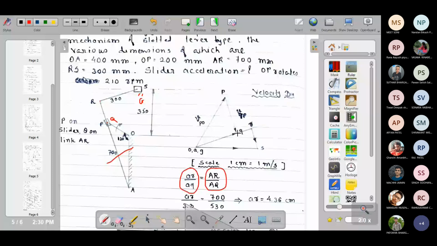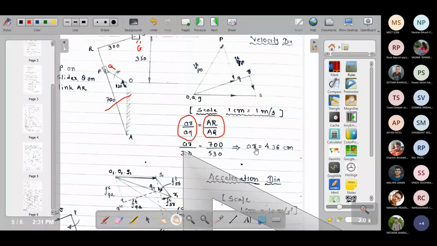AQ is known to me now, because where the line intersects, I have point Q. Length AR you can measure; it is given as 700. AQ is not given, so you can measure it from the configuration diagram or space diagram, using a scale. So AR comes to 4.36 centimeter.